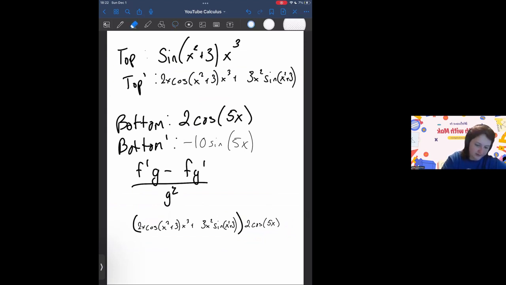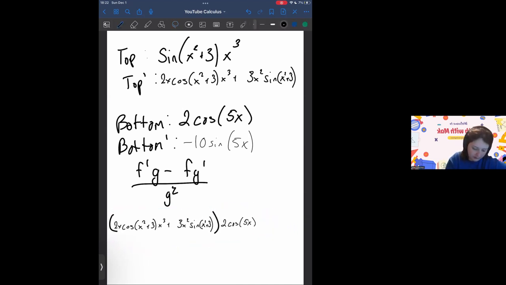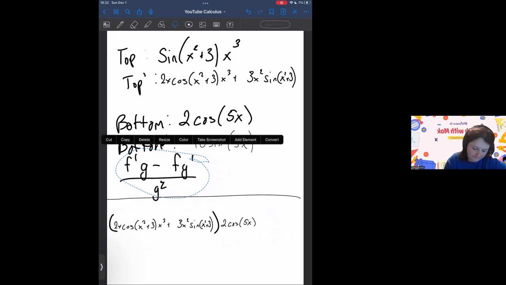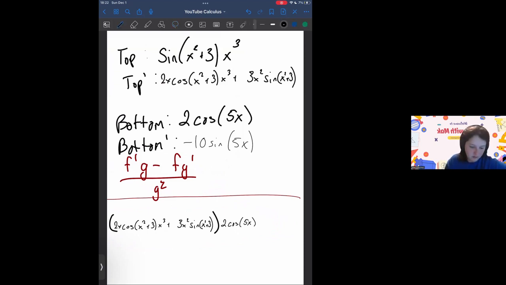And let's go ahead and erase this and scoot it over so we have more room. And now we have to subtract all of that by the other one, right? I'm just going to try to fit it all, sorry.